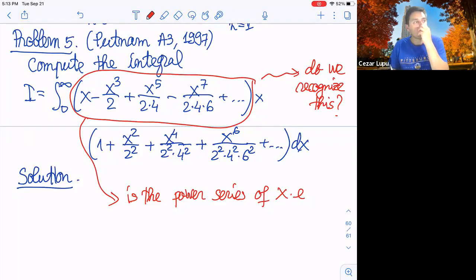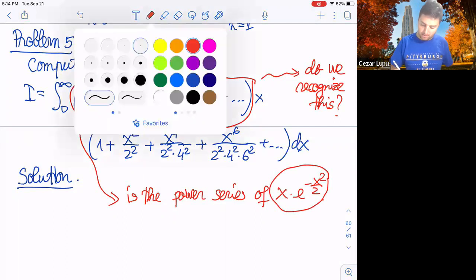Okay. It's negative x squared over 2, I think. Let's see, so e to the negative x squared over 2. Yes, that's it. All right, great.